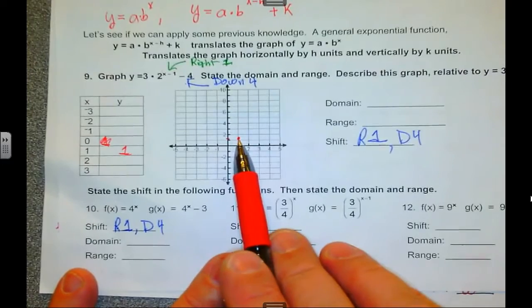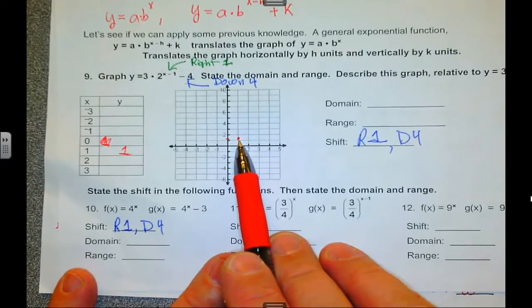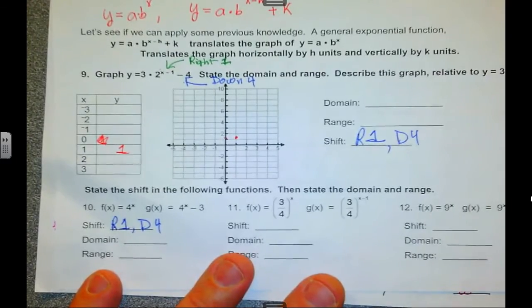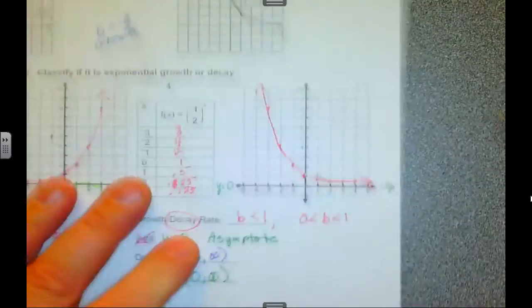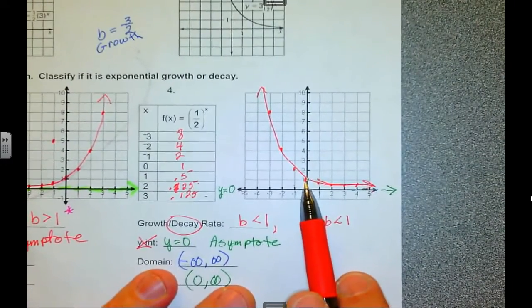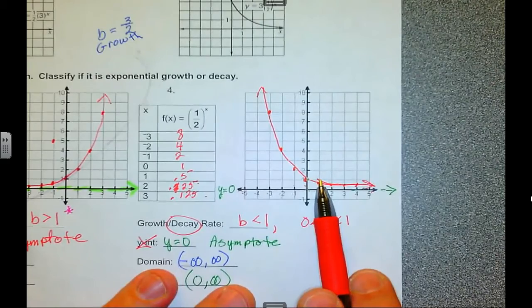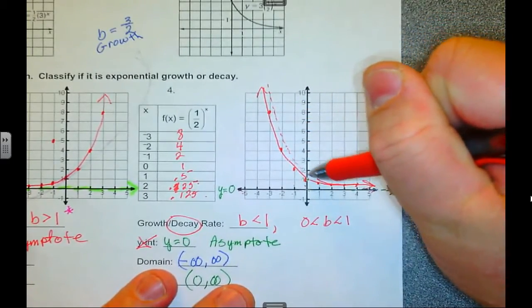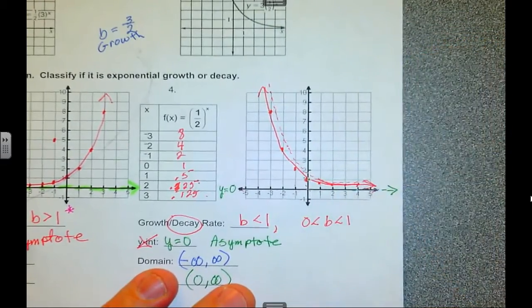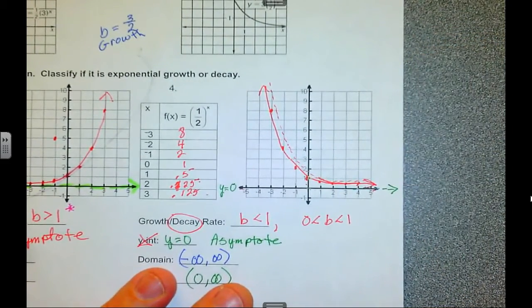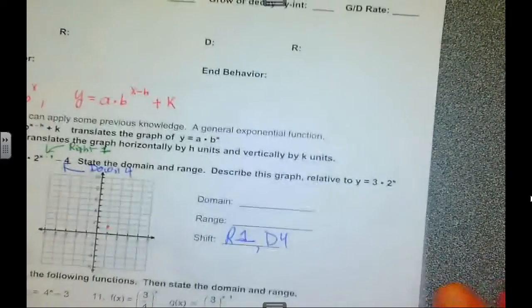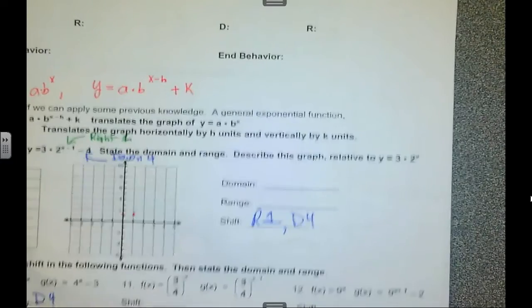Now, if I shift this whole graph to the right, is that going to change my asymptote? Okay, so looking at our last problem. If I shift this entire graph to the right one, it'll look like this, right? Does it change my asymptote? No. So what's going to change my asymptote? The down 4.